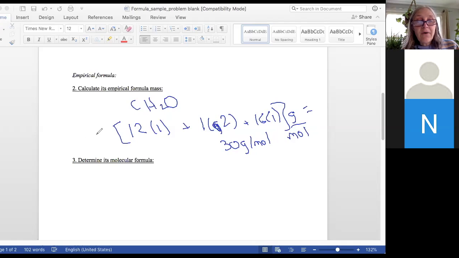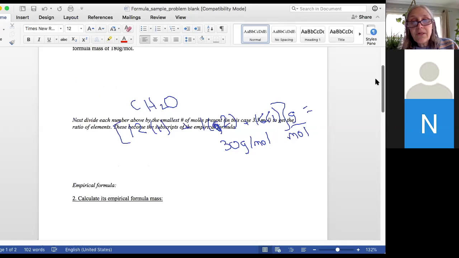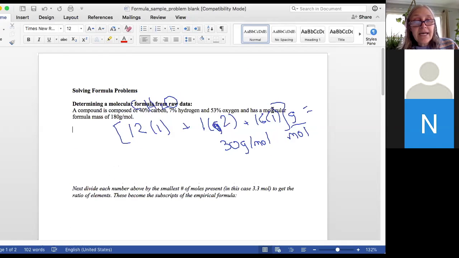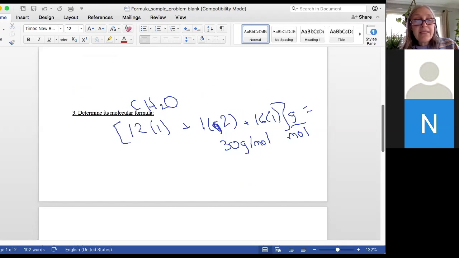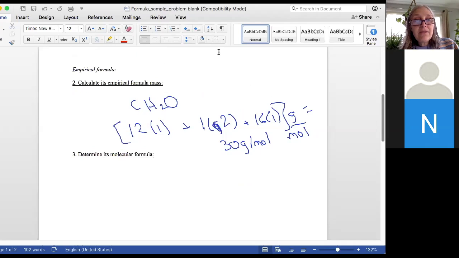Now we need to figure out the molecular formula. And if we go back to the top here, it says it's got a molecular formula mass of 180 grams per mole. So in this case, I'm going to write that down here. So we've got 180 grams per mole.